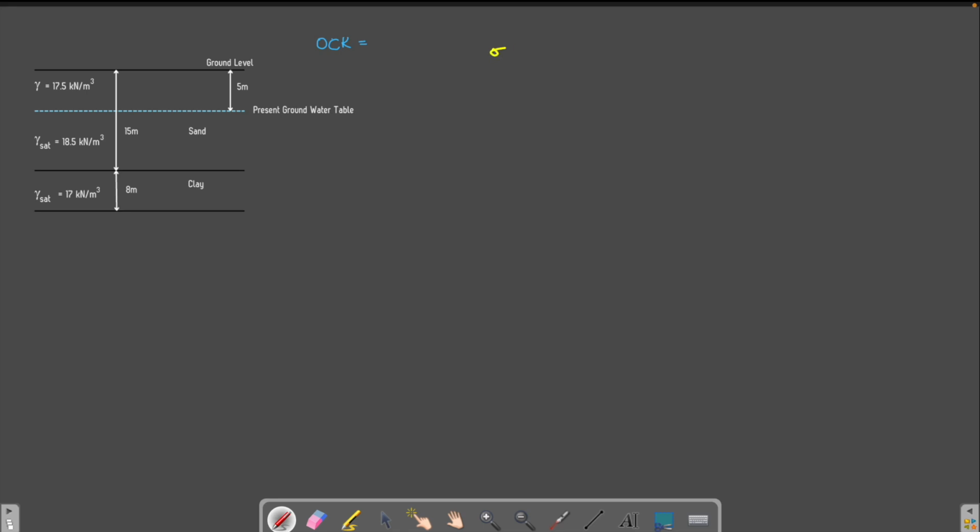So what we are doing right now, we are finding out sigma dashed present. Okay, so for sigma dashed present, what is going on at this level? What are the stresses acting? First of all, the unit weight of the sand will act, and this is the stress profile of the unit weight of the sand. This will act like this.